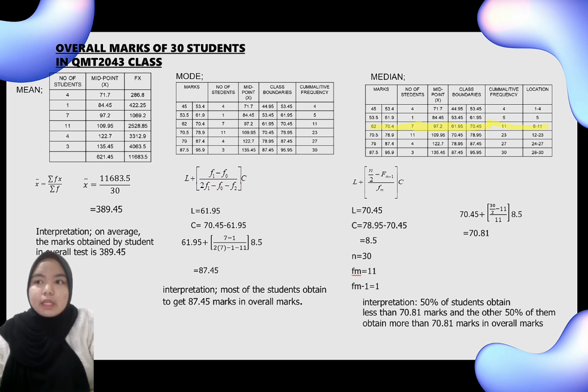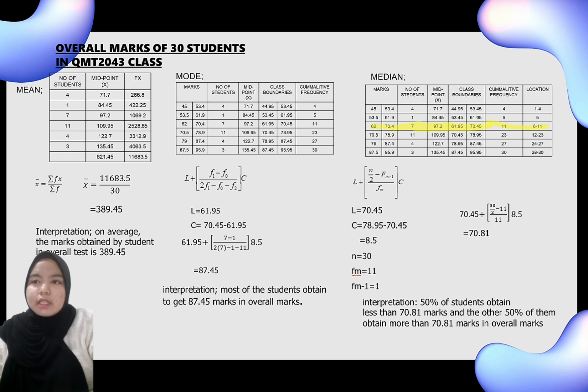For the mode, we get 87.45. The interpretation of the mode is that the student obtained 87.45 marks in overall mark. The median in overall mark is 17.81.